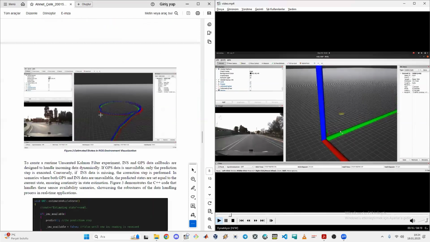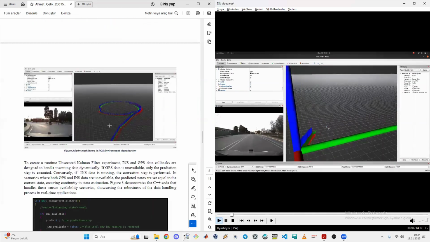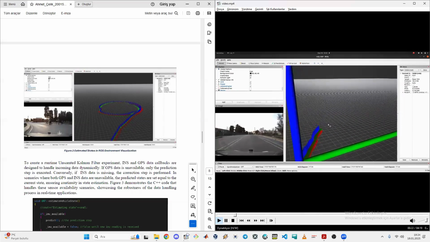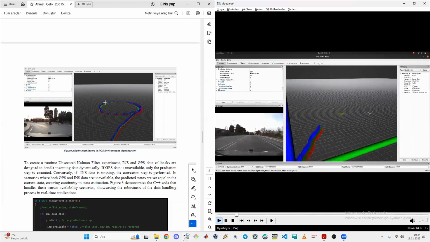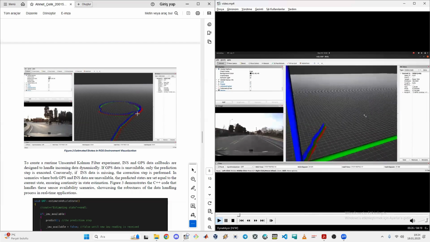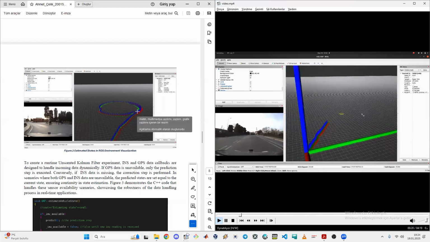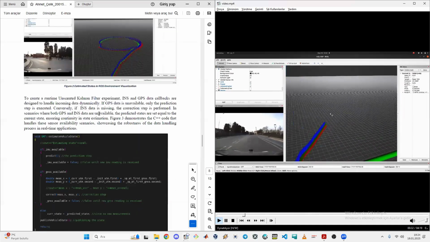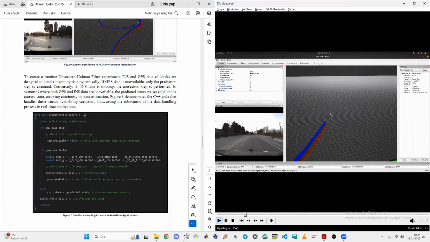As you see, this is the picture of the in-runtime application. This is our university campus, and this is the trajectory that we track while running the Kalman filter.